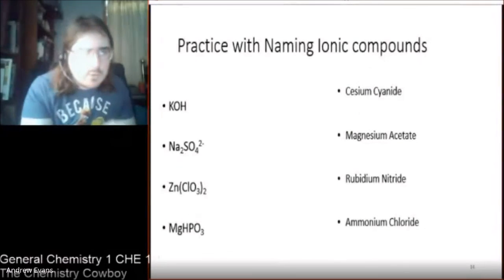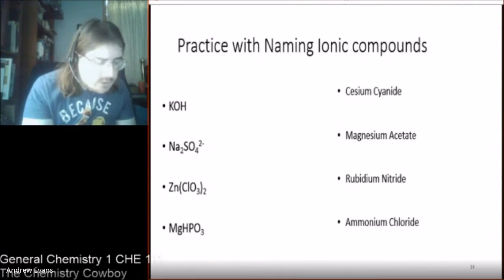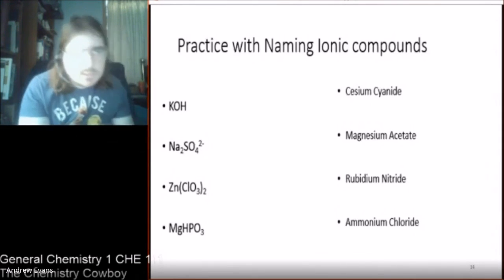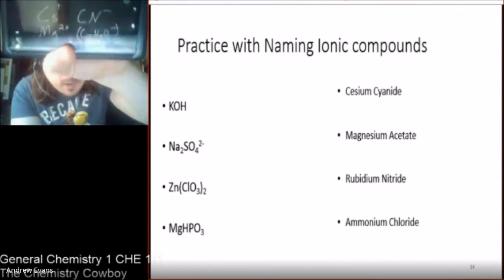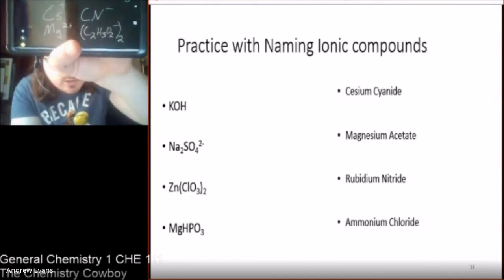So in order to combine these together as a neutral compound, I'm going to have to double up the acetate. Now here's the trick. Because C2H3O2 is, the whole thing is doubled, I'm going to put this in parentheses before I put a 2 behind it to double up the whole structure.